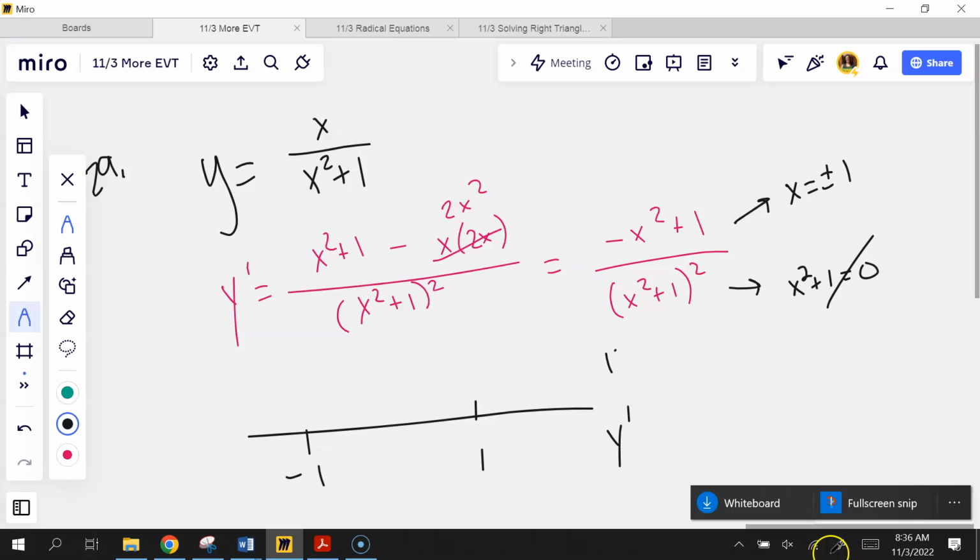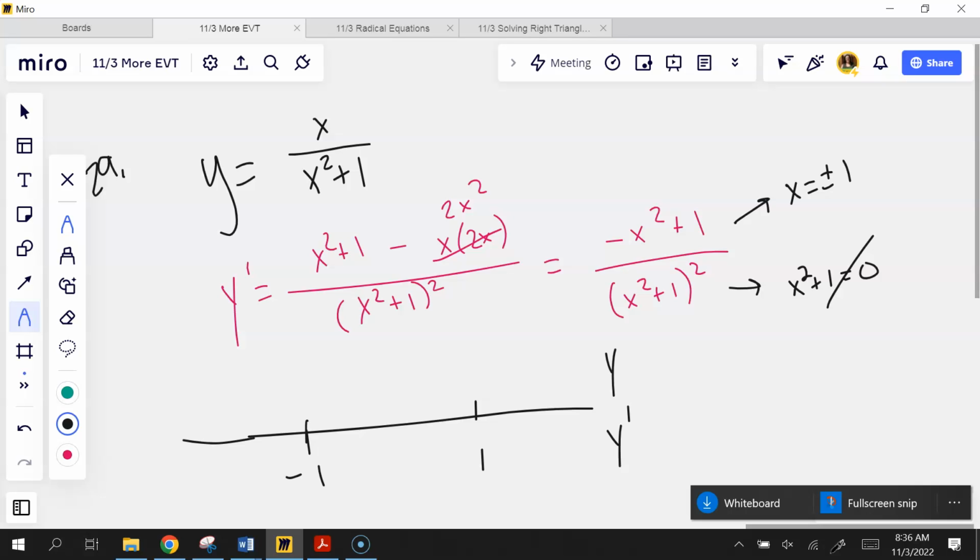Looking at the derivative to tell what the function is doing. So let's see what happens. Negative 2. This negative is going to overpower. That's going to trump everything else in the end. So what I'm saying is no matter what you plug in here, this is going to be negative, right? So if I plug in -2, -2 squared is 4, but then I'm going to make it positive.